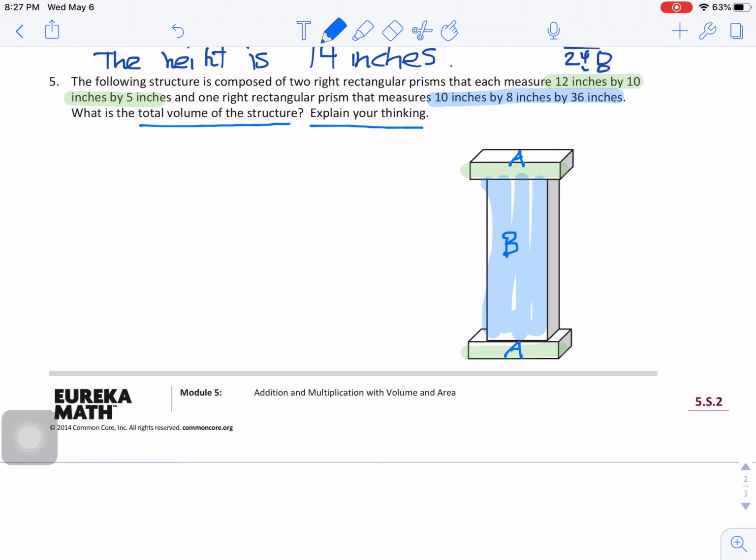If I add the volume of A plus the volume of A plus the volume of B, I will get my total volume.